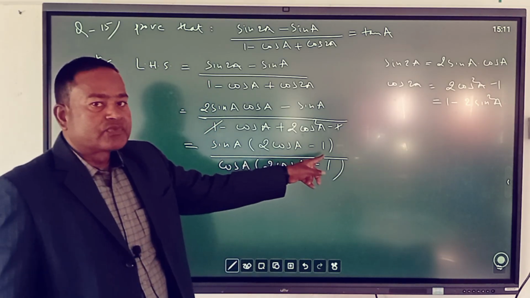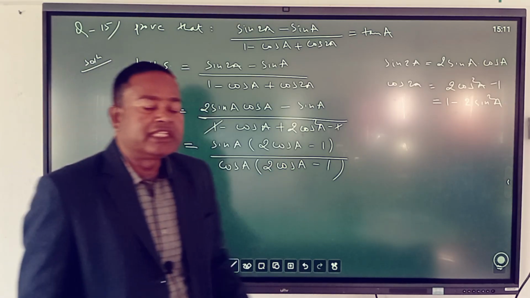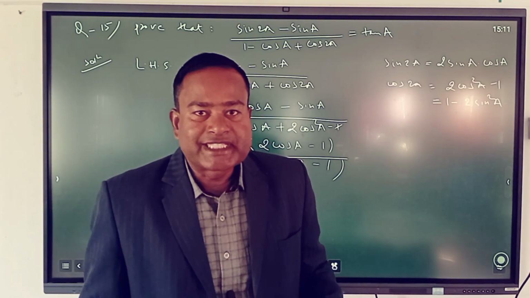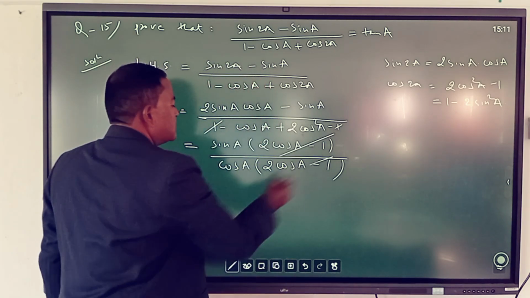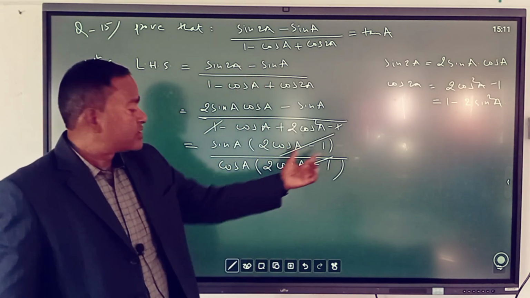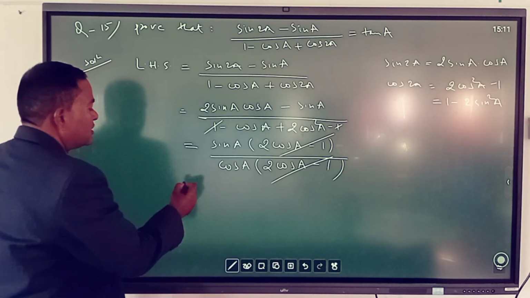Now 2 cos a minus 1 in the numerator and 2 cos a minus 1 in the denominator, both we have got the same. That means we can cancel 2 cos a minus 1 from numerator and denominator because both are equal.